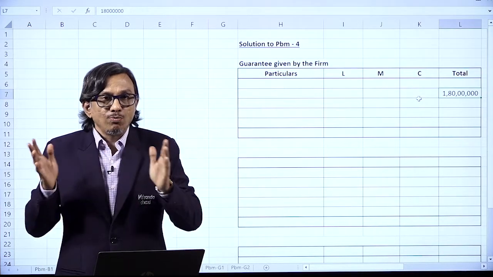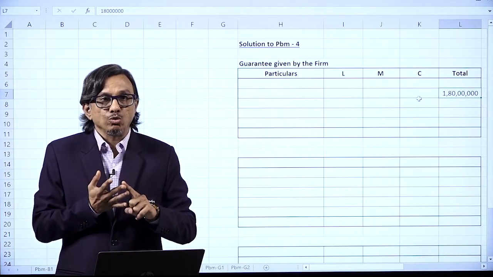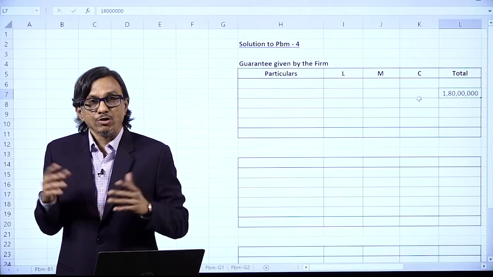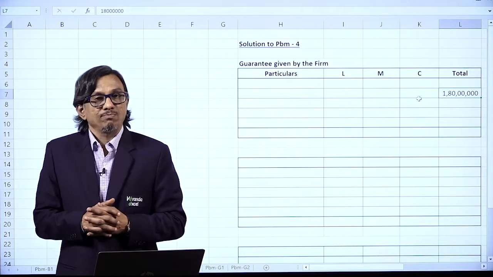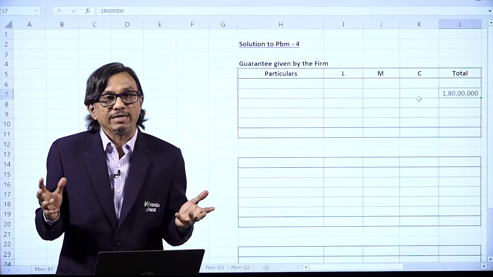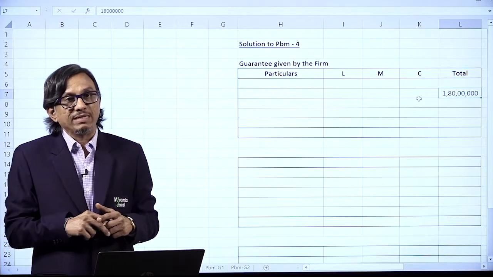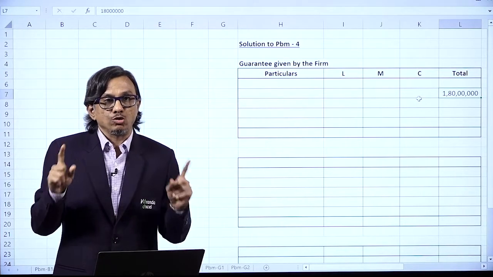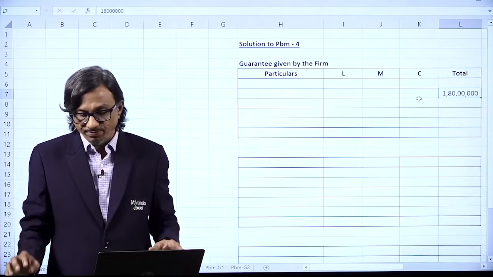So, the new profit sharing ratio will be 5:3:2, because the old ratio is 5:3 between L and M. When the new partner is given 2/10, the balance 8 share of profit will be taken by L and M only in the ratio of 5:3. So, therefore, the new profit sharing ratio between L, M and C will be 5:3:2, because 1/5 can be written as 2/10.